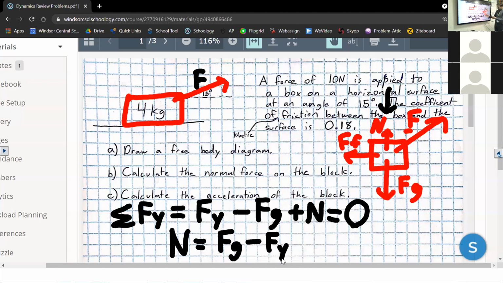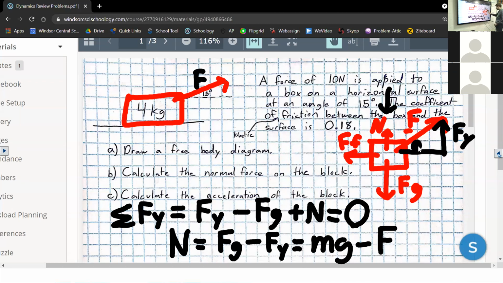It's saying normal force is equal to the force of gravity minus whatever component here was taken away from it, which makes a lot of sense. So we'll have mg minus F, which is that 10 newtons. And then in order to figure out the Fy, I need the opposite side of my triangle. So I'll take sine of theta.